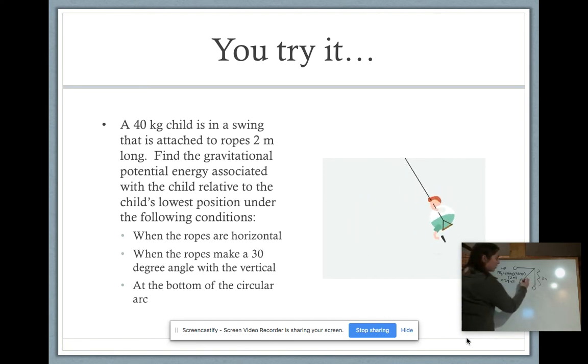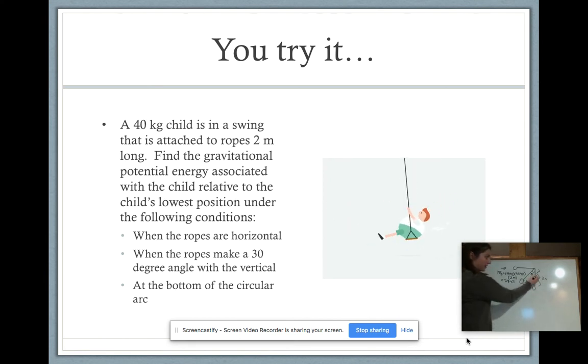Okay, so now at this point right here, this one's going to be the most difficult one. I want to find out what is its height above the ground. So this is going to require a little bit of trig. So we know it makes a 30-degree angle with respect to the horizontal, and I also know that this entire length is 2 meters. So I want to know what is the length of just this part of this right triangle that I've created. I'm calling it X right now.